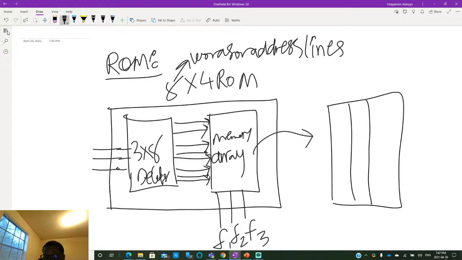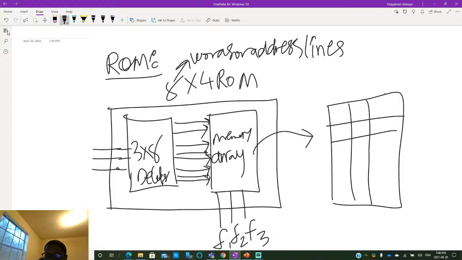The number of rows in the truth table depends on the address lines, so you can only address what address is available.